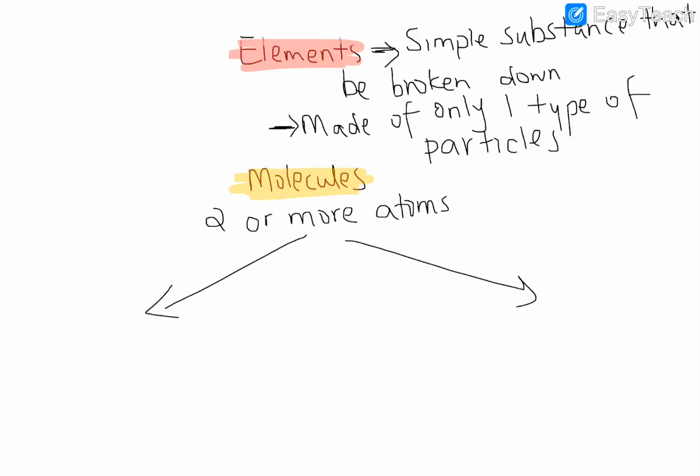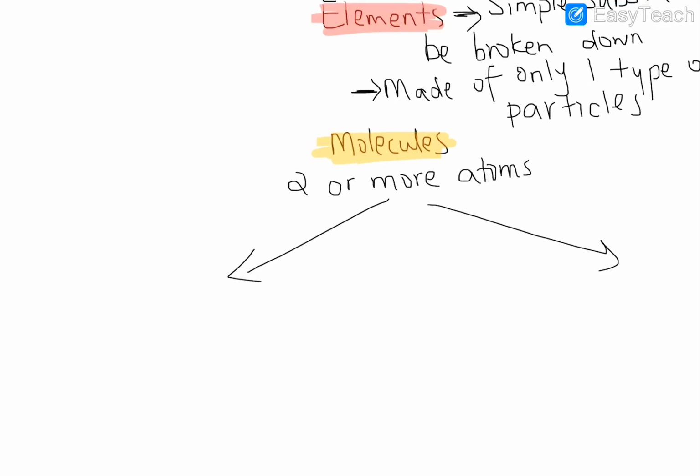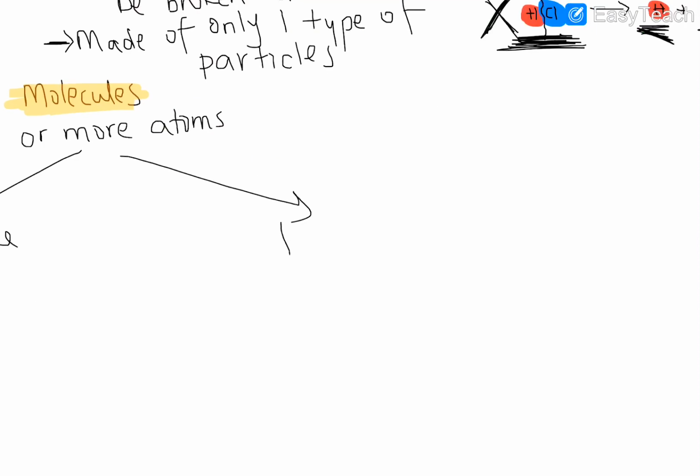But there are two situations that can arise. With two or more atoms, the atoms can be of the same type, or the atoms can be of different types. So two or more atoms that are the same, or two or more atoms that are different. Let's see these two situations.